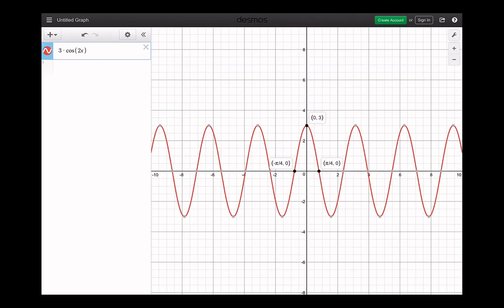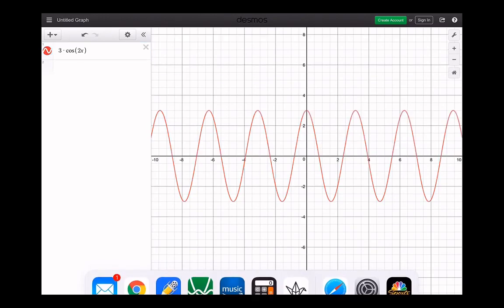So that means from 0 to pi over 4, and then from 3 pi over 4 to 5 pi over 4, and then from 7 pi over 4 to 2 pi. My particle is actually moving to the right.